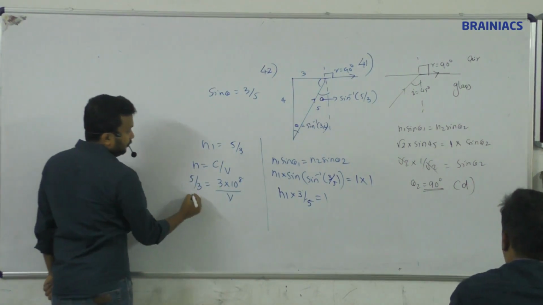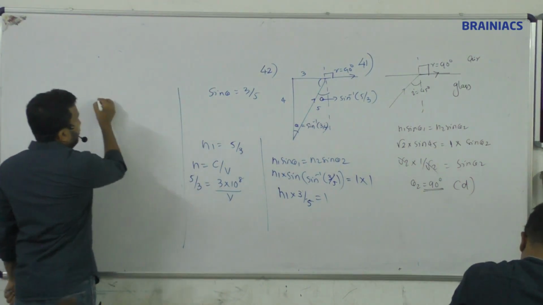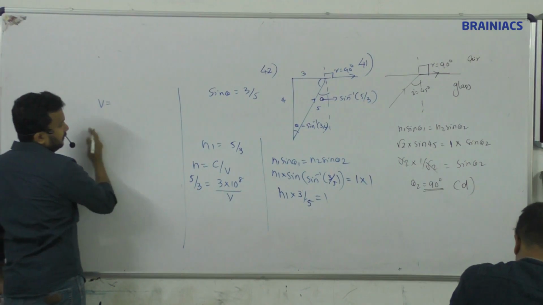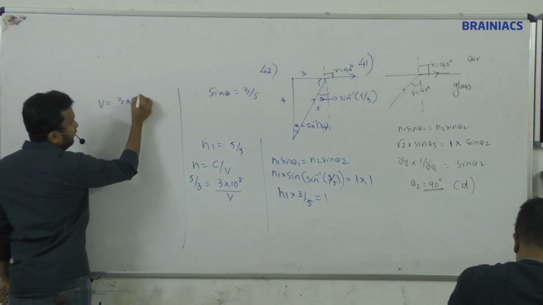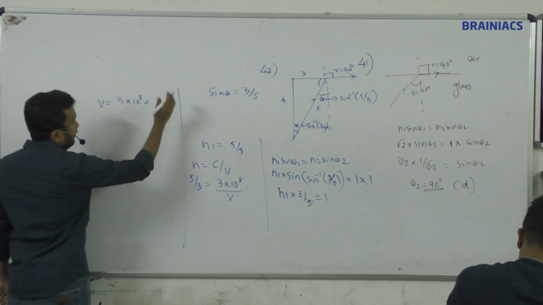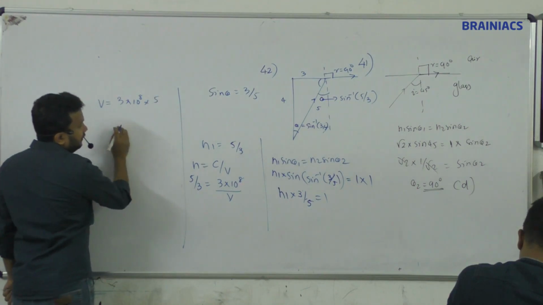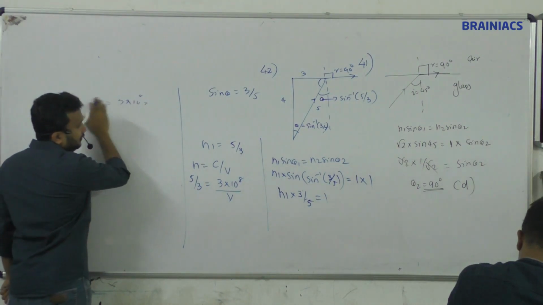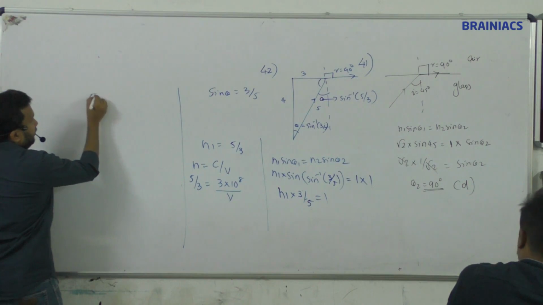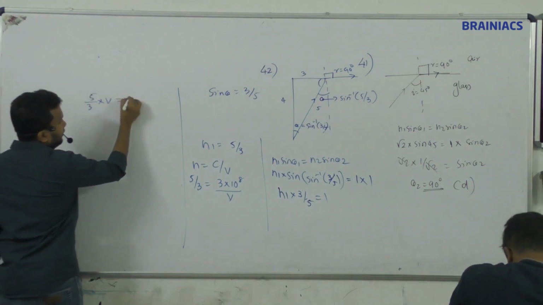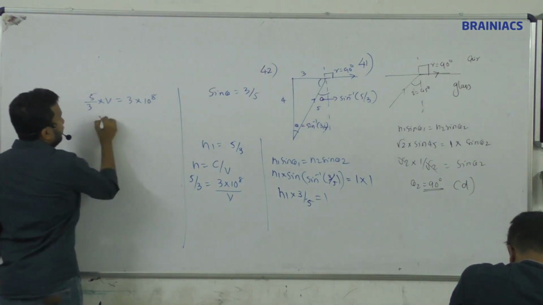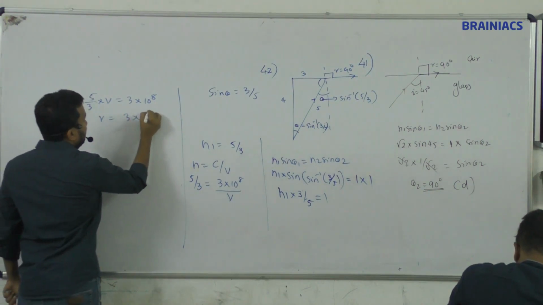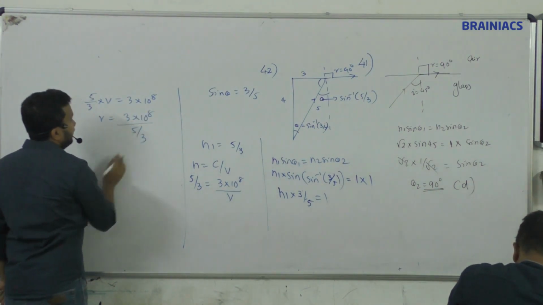So we'll continue. So what's coming further? So velocity is equal to, this side multiply this. So 3 into 10 power 8 multiplied by 3 by 5. Velocity is equal to 3 into 10 power 8 divided by 5 by 3.